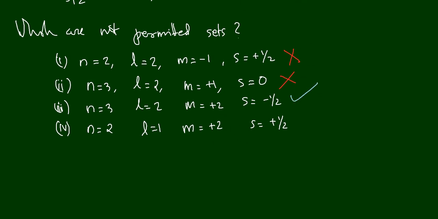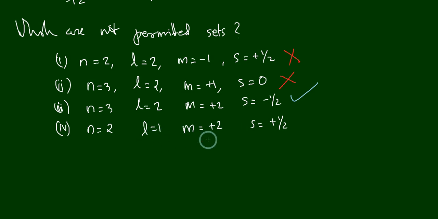And what about the next? n is equal to 2, fine. l is equal to 1, that's also fine, because the maximum value of l here is 2 minus 1, that's 1. And m is equal to plus 2. And which values are possible for m? If l is equal to 1, minus 1 to plus 1.